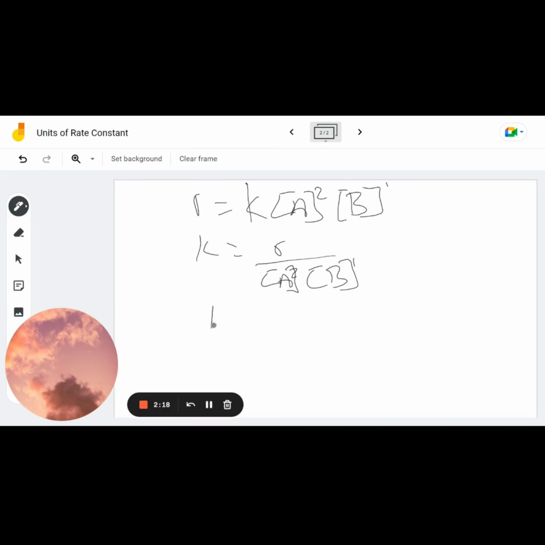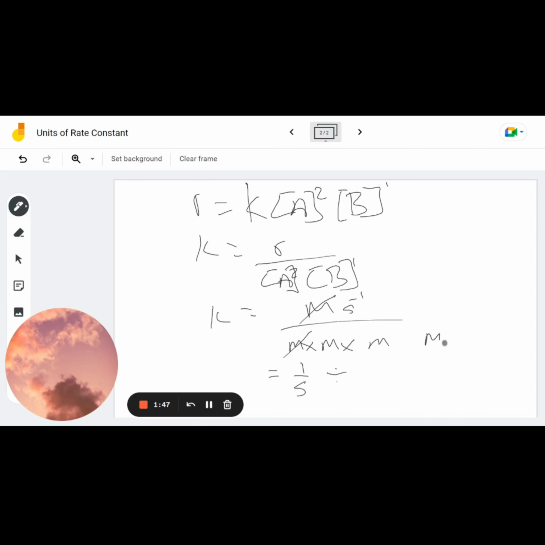So our K is going to be equal to moles per dm cube per second, divided by moles per dm cube times moles per dm cube times moles per dm cube. What we're going to do is just cancel out one of those. What we're left with now is per second, which I mentioned already is going to be 1 over second, divided by moles per dm cube squared.